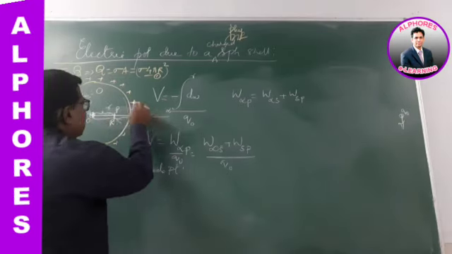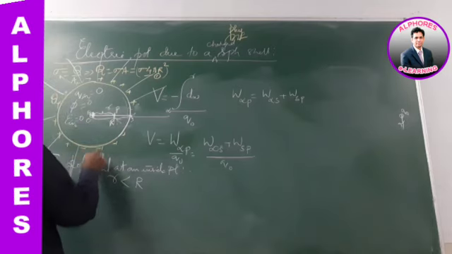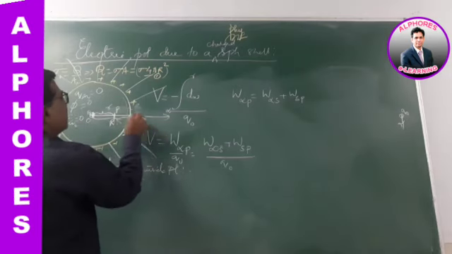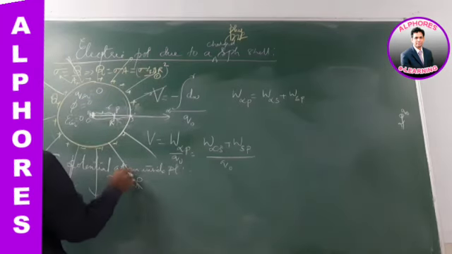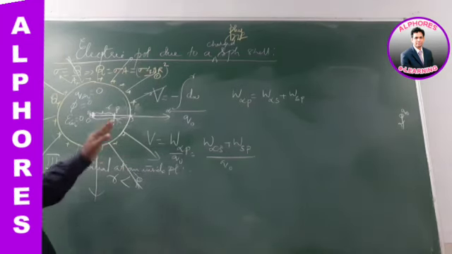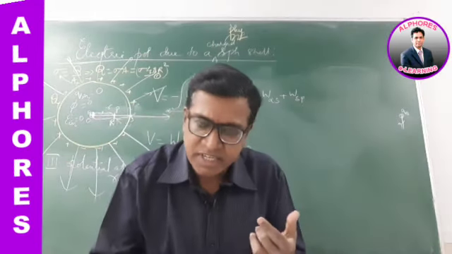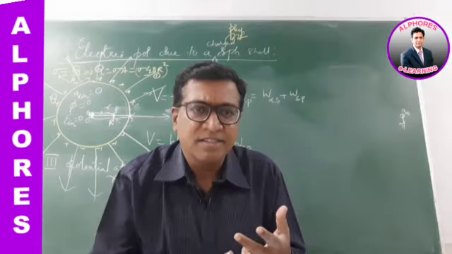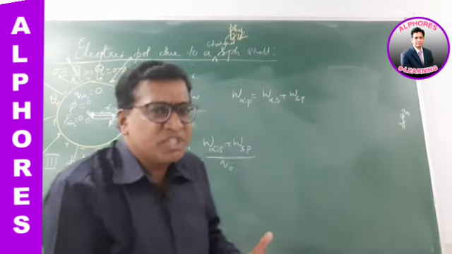You know, the electric lines of force start from the surface and extend up to infinity. All the lines of force emerge from the surface, outside like this. So there are no lines of force inside. So inside the charged sphere, there is no charge, no flux, no field. So electric field is 0. So there is no opposition to the charge.